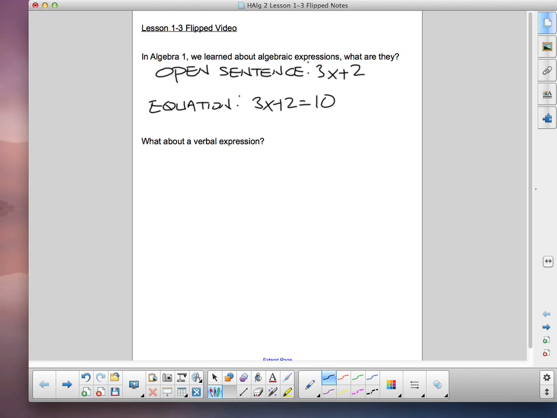Now a verbal expression. Okay, a verbal expression is just the word representation of an algebraic expression.